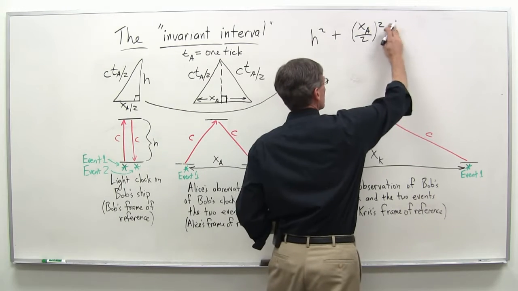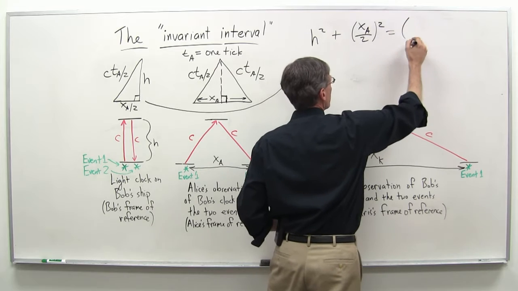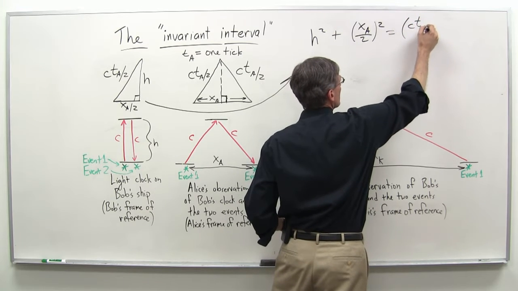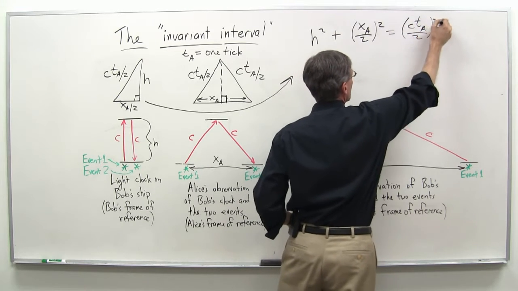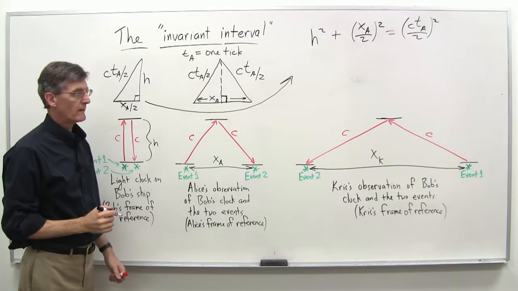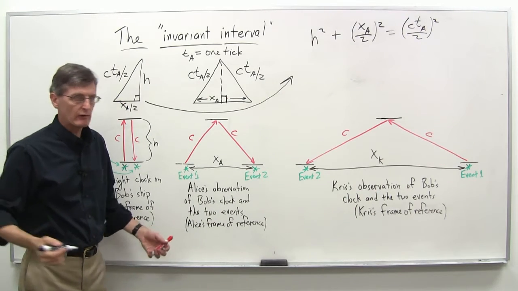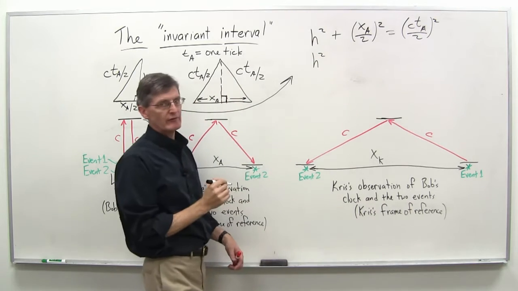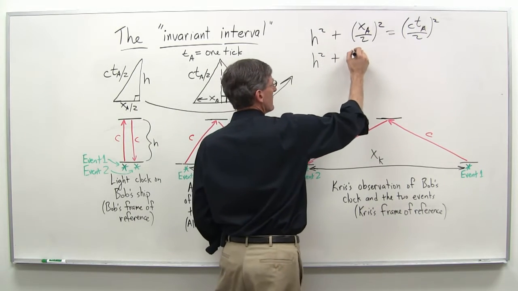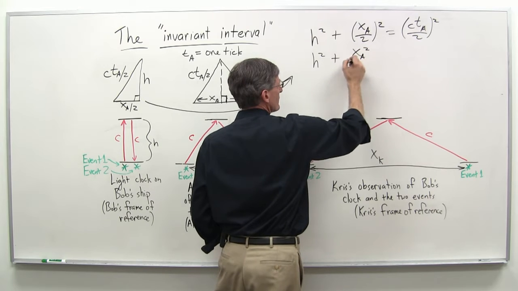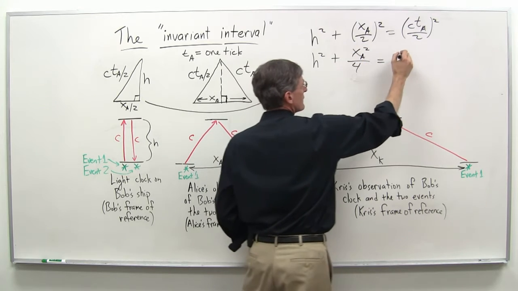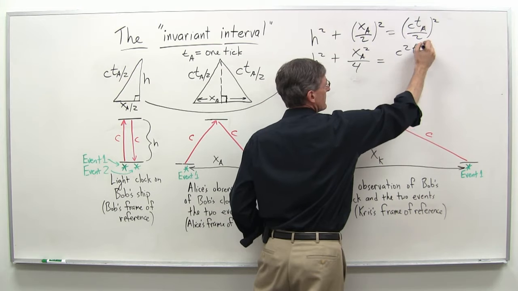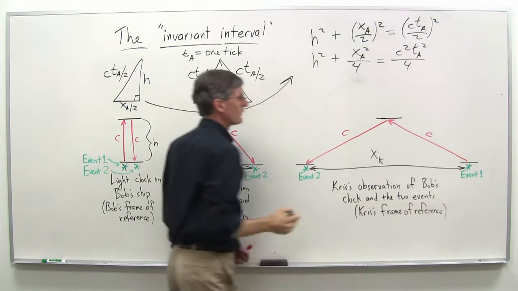Just got ahead of myself there. So equals hypotenuse c ta over 2 squared. Okay. Let's just multiply that out a little bit. We'll do every step here. h squared plus xa squared over 4 equals c squared ta squared over 4.